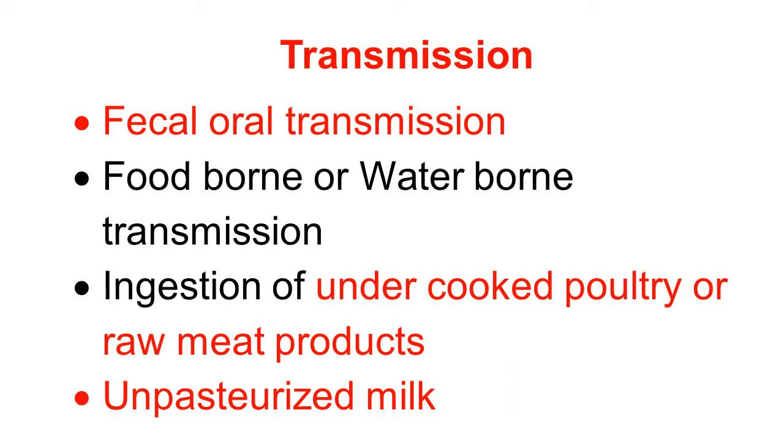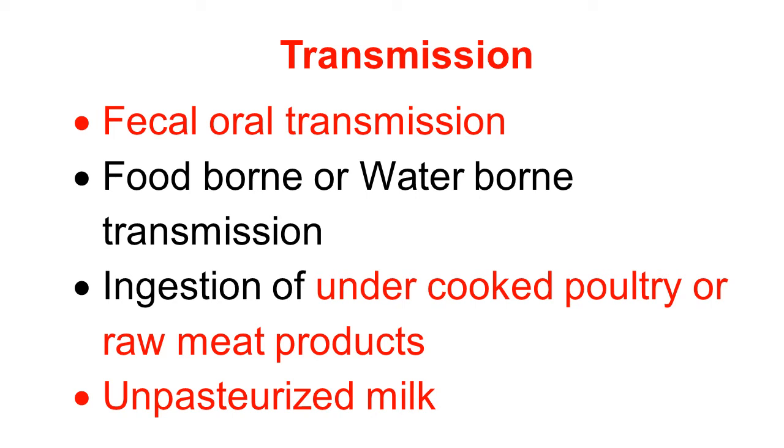There are many sources of transmission, mainly through the fecal oral route. When contaminated feces comes into contact with the mouth, the organism enters. So the fecal oral route is a common route of transmission.